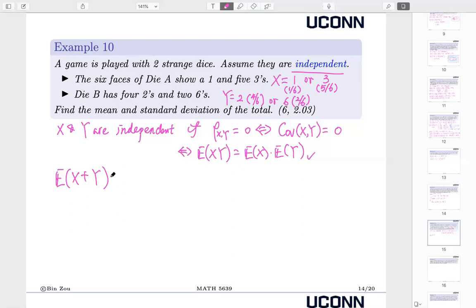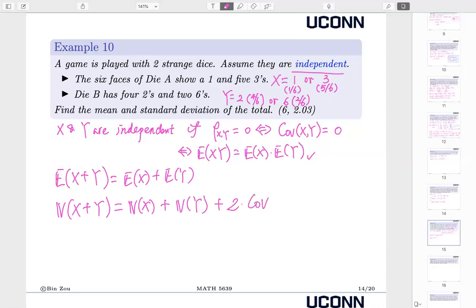The sum is simply the sum of the expected values, and the variance is the variance of x plus the variance of y plus 2 times their covariance.